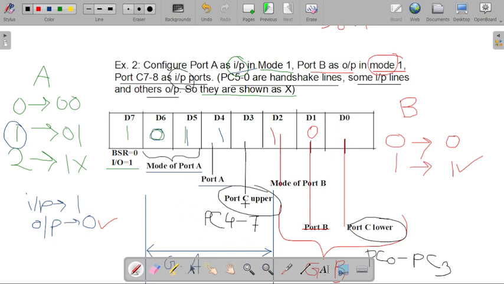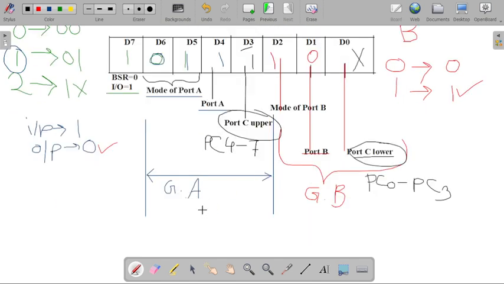For setting the input port, whenever I am considering port C7 to 8, this data belongs to the upper part of our data. So the upper part will be considered here in this D3 bit, and I am putting here the input condition. Whenever we are setting PC5 to 0, this part will be considered in the lower part of our port C structure. So this is our port C lower part, and here we have to put the don't care condition. So I'm setting here X as a don't care condition in the D0 bit.